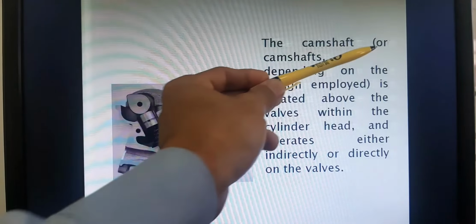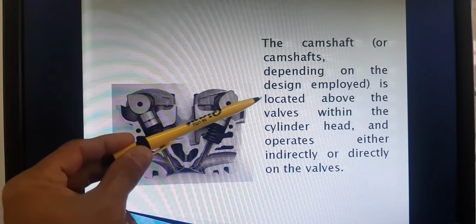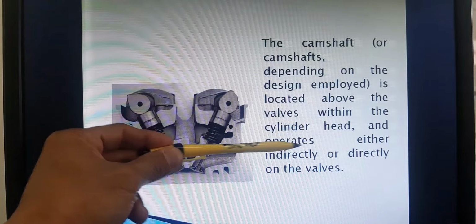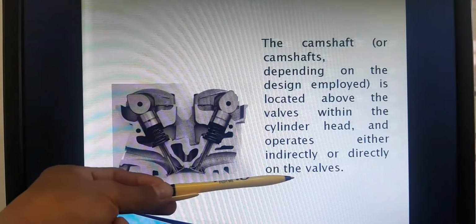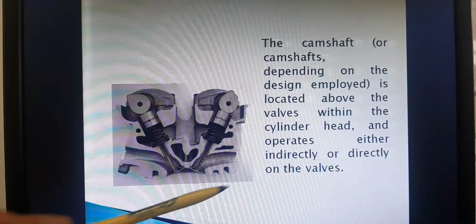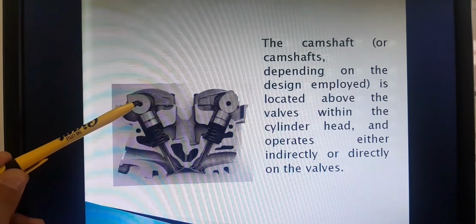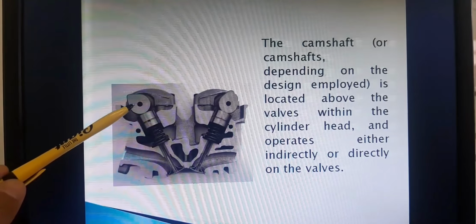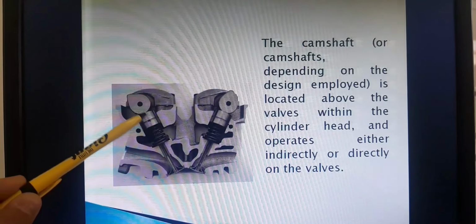The camshaft or camshafts, depending on the design employed, is located above the valves within the cylinder head and operates either indirectly or directly on the valves. Why is it operating indirectly? Because the camshaft is at least a little away from the valves.